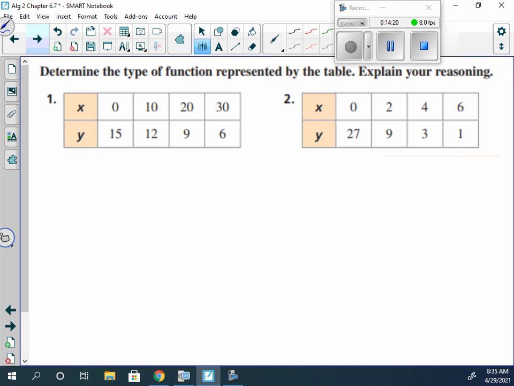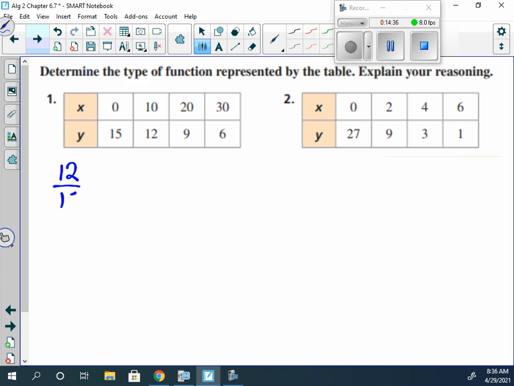So let's look at number 1. We have 0, 10, 20, 30, so the x's are increasing at a steady rate. The amount of change is the same. So we can look at the y's to see if there is a common ratio.